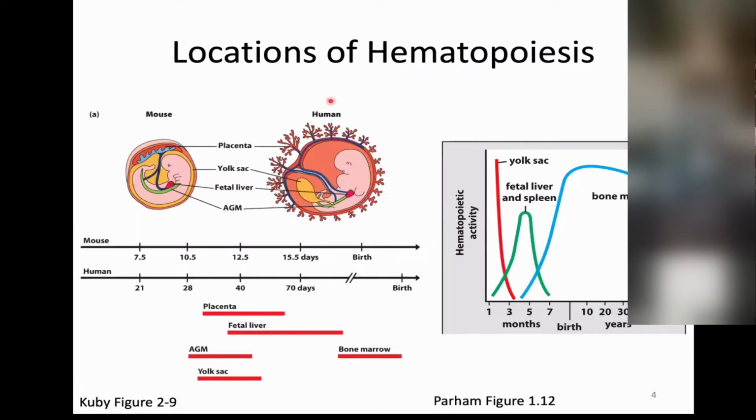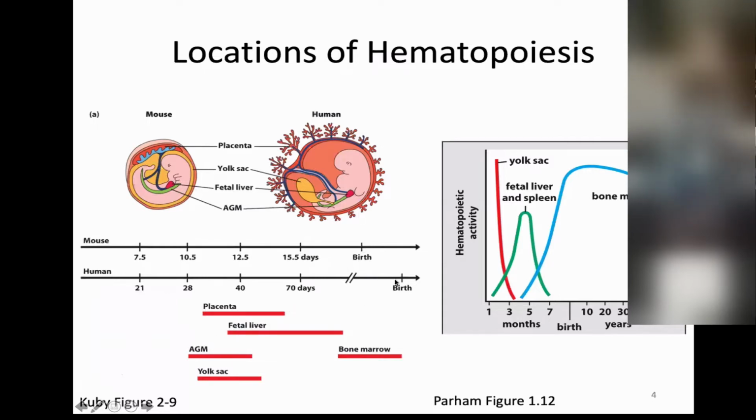So you can see the locations of hematopoiesis at different times in the life of an organism here. Hematopoiesis happens first, starting a little bit in the placenta, as well as in the yolk sac, then going to the fetal liver.